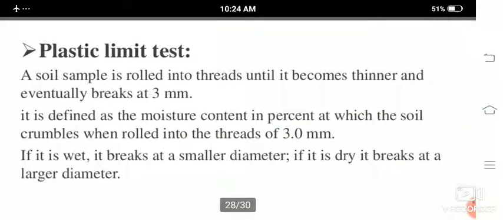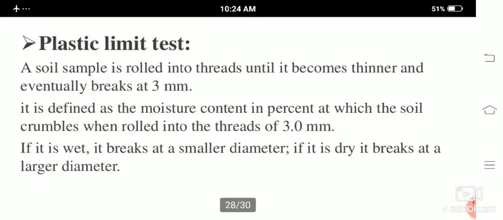Next, the plastic limit is when the thread becomes thinner and eventually breaks at 3 mm. A 3 mm rod is given to us to match the diameter. Take about 40 grams of soil, mix it with water in the same way as atta dough, roll it and make a thread like a 3 mm rod on a glass plate.